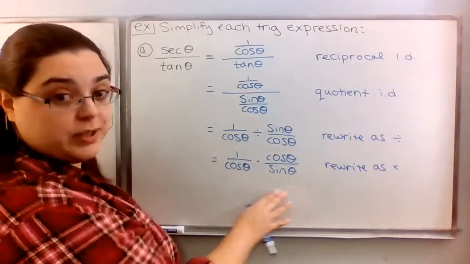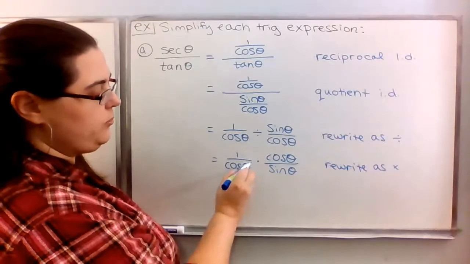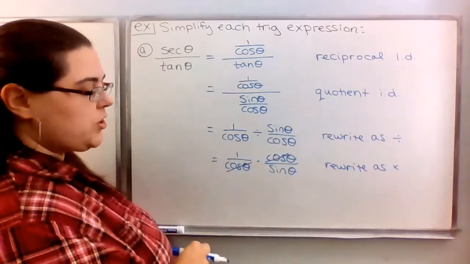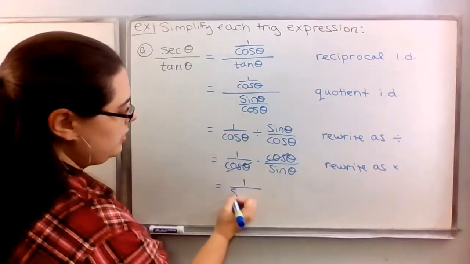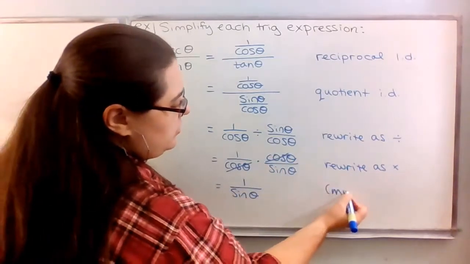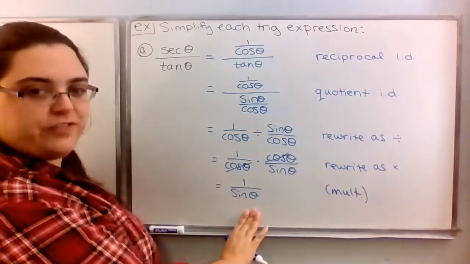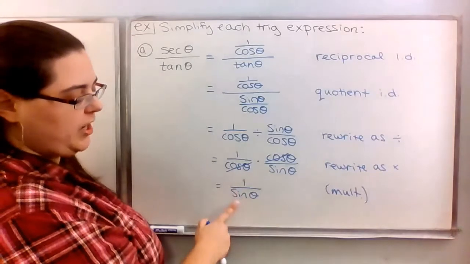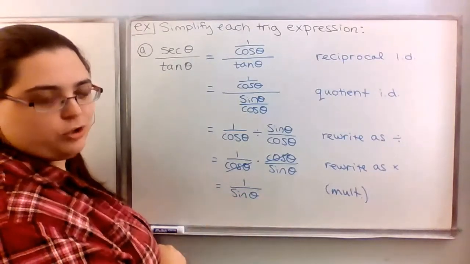And now that we've got this written out as multiplication, we can see that the cosines are going to cancel each other out. So our cosines cancel and we get 1 over sine. And that's just from multiplication. And then let's finish this up, because 1 over sine, we can apply a reciprocal identity and write that just as cosecant.